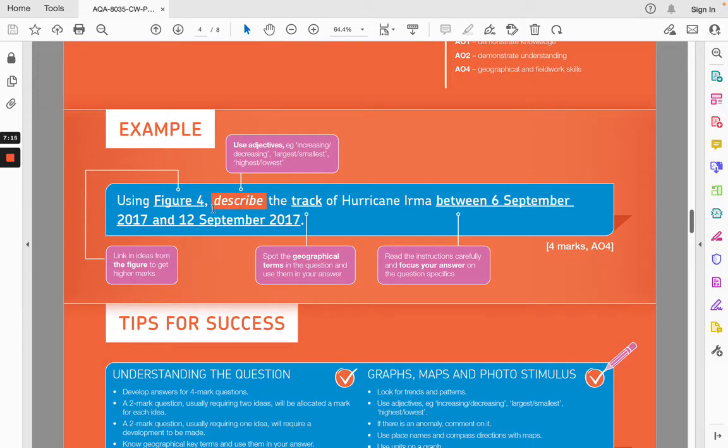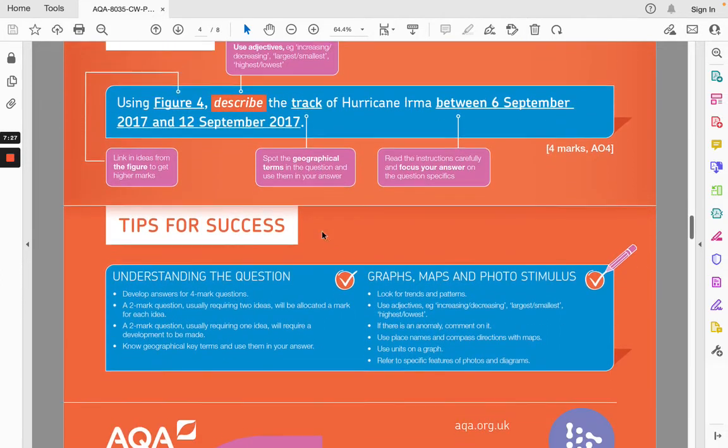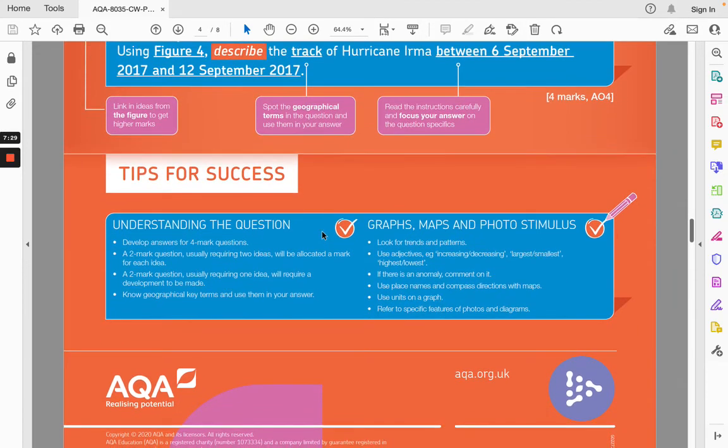So have a look. You'd be looking at how it's moved. Spot the geographical terms. It maybe wants you to talk about the countries it's been located off and the specific dates. So just bear that in mind there. Again, pretty straightforward. If you've got a graph or a table that's using units, use the units. Place names with compass directions.